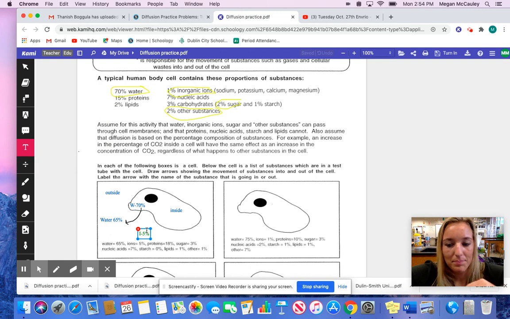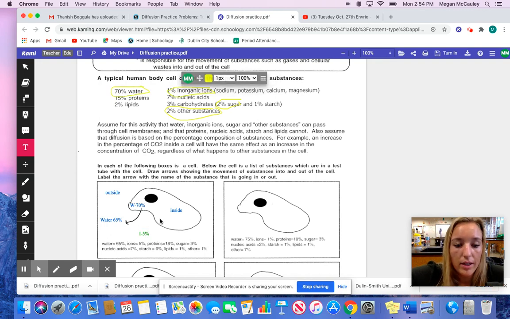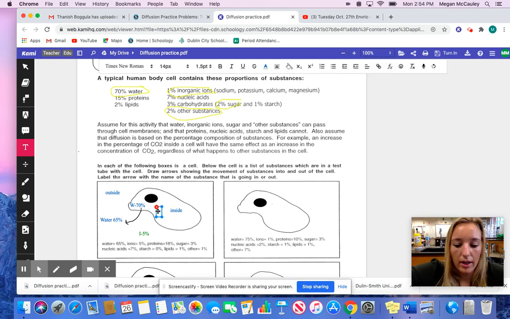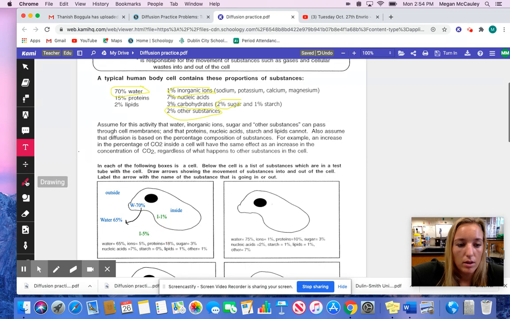The screen did, not me. So the ions are 5% on the outside. In the cell, inorganic ions, 1%. So which one is greater, outside or inside? Well, 5% on the outside, 1% on the inside. To balance that out, our ions are going to try to shift inside the cell.